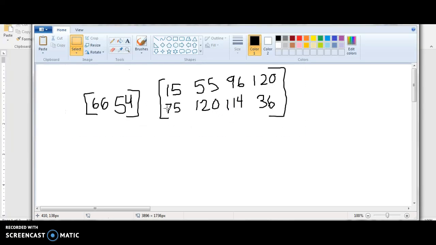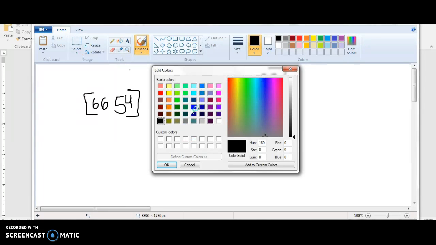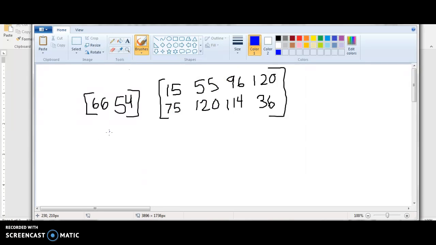Alright, so we find the matrices, and since we're multiplying, we're going to figure out how much is in each matrix. The first one we have is one row by two columns. And the second one is two rows by four columns.